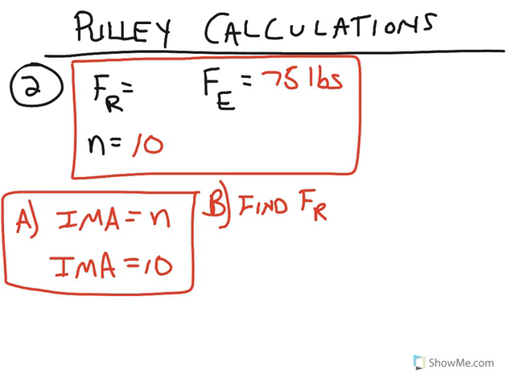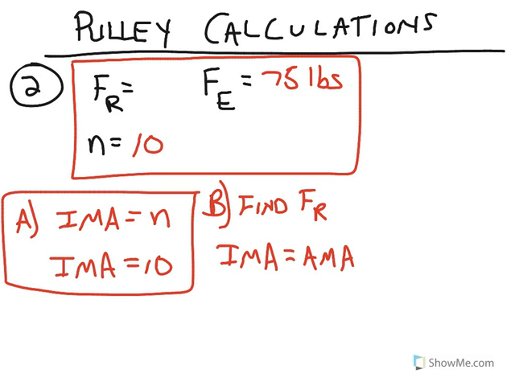So to do this problem, we're going to have to make a poor assumption, but I don't know how else to do it. The poor assumption is that the ideal mechanical advantage is identical to the actual mechanical advantage. I don't think that's true in reality because there's going to be some friction in the pulley system.